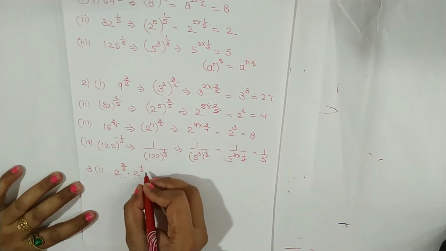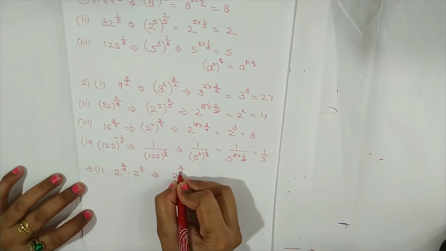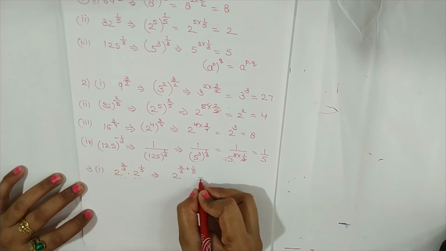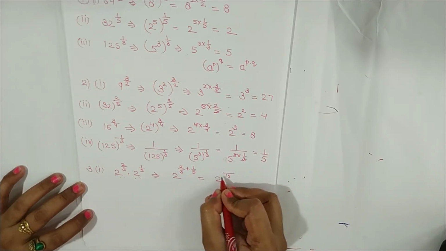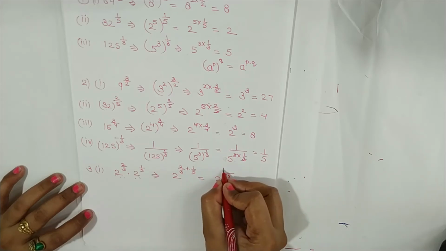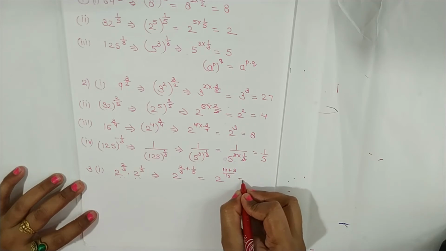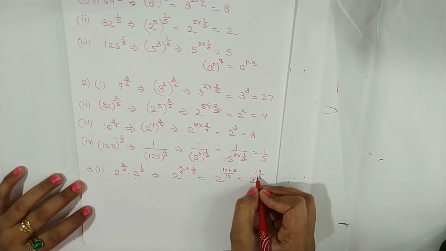It means it becomes 2 to the power 2 by 3 plus 1 upon 5. Now we have to take the LCM of 5 and 3, so 15 is the LCM. Then here it becomes 10 plus 3. So the final answer is 2 to the power 13 upon 15.